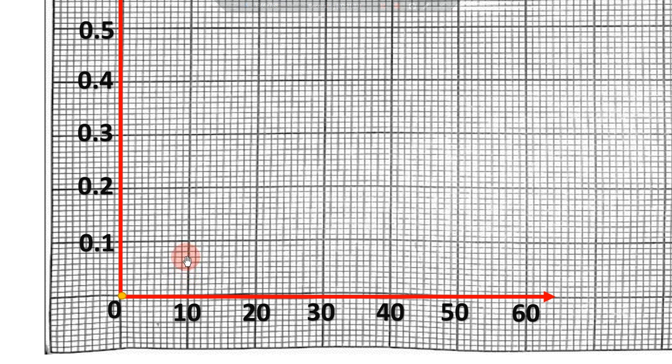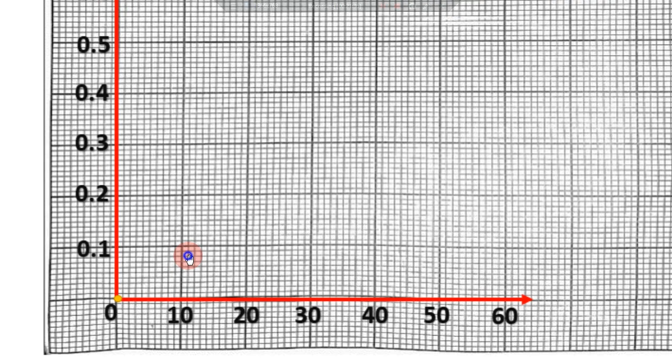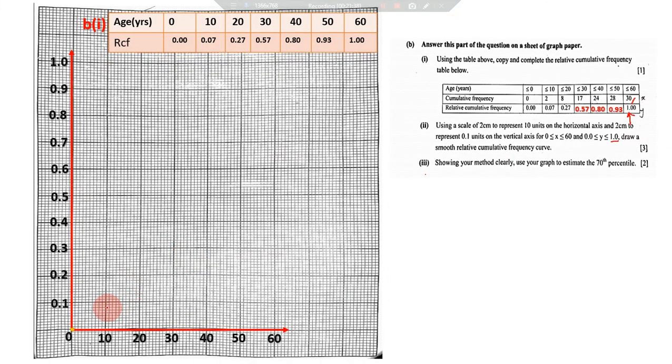This is 0.07, so this is where my point is going to be. Okay, so we put a point there. Then we're going for 20, 0.27. Okay, 20, 0.27.